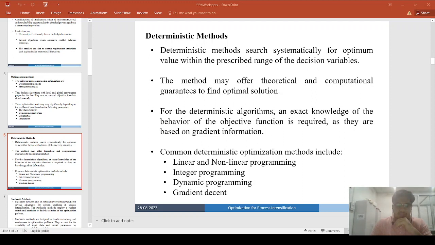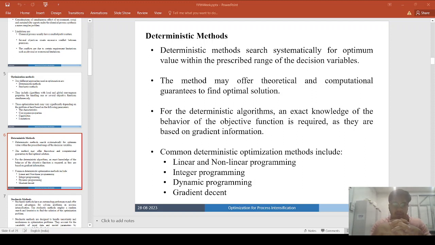So again, as I was saying, for deterministic algorithms, an exact knowledge of the behavior of the objective function is required. So you start with your objective function. Let us say you want to intensify or optimize the mass transfer. Mass transfer is basically dependent upon how the species is getting transferred. So starting from the basic science, you will ask how the concentration of the given species is behaving.